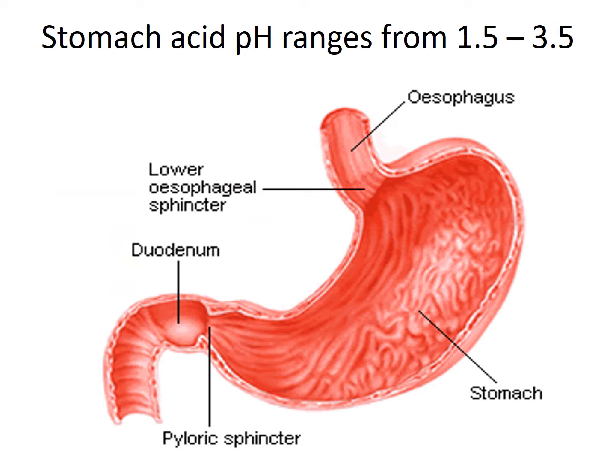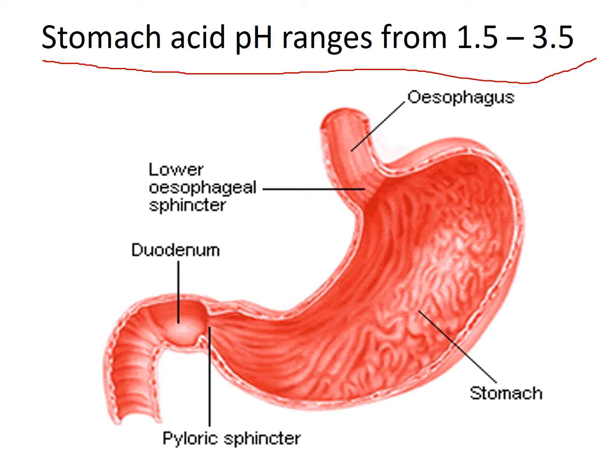Now, just to apply this, pH plays a huge role with the human body and physiology as it relates to urine, as it relates to blood, a whole lot of things. But one thing I like to talk about is stomach acid. All right, and stomach acid can range anywhere from 1.5 to 3.5.